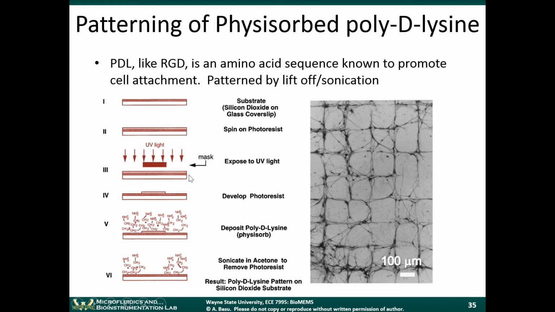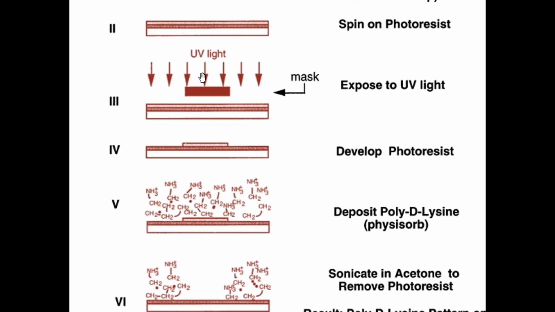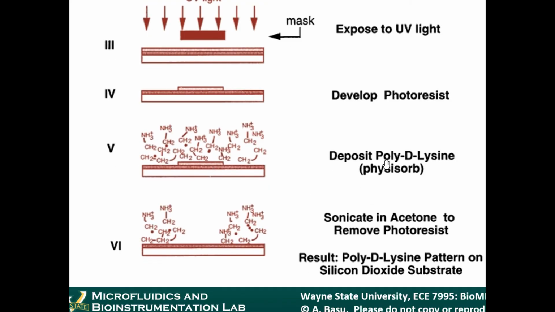So this is based on cell substrate adhesiveness. Next example is the patterning of poly-D-lysine. This can be patterned using photoresist. Poly-D-lysine is similar to RGD, that amino acid sequence that's known to promote cell attachment. And poly-D-lysine can be patterned by liftoff and sonication. So remember, liftoff is a process where you first deposit the photoresist, then deposit the material, in this case poly-D-lysine, that physisorbs to the surface, and then you remove the photoresist at the end.